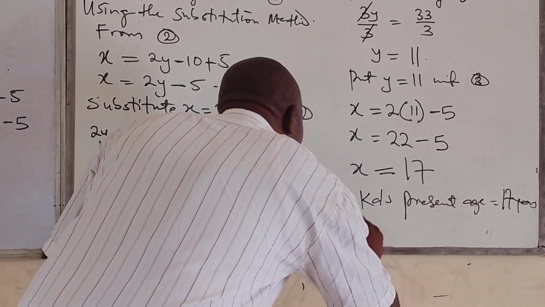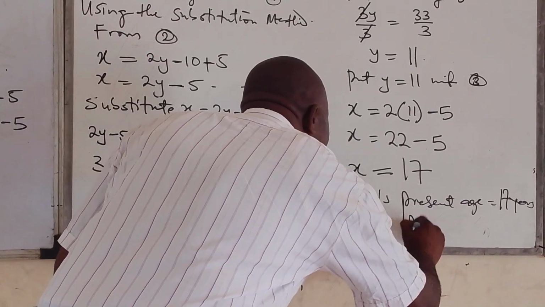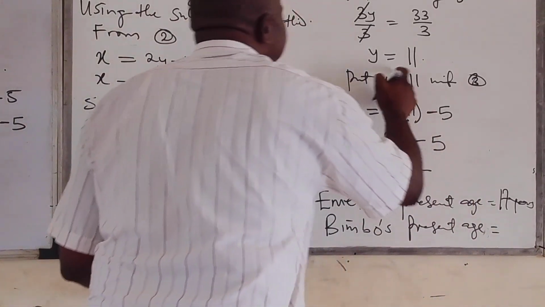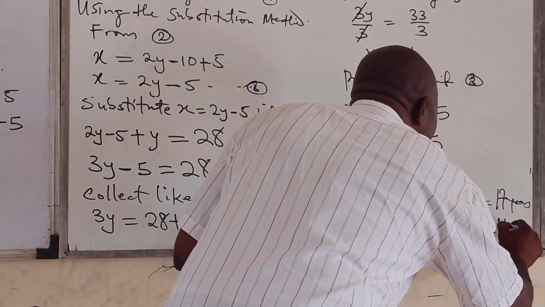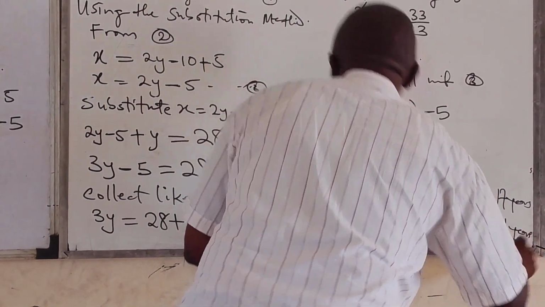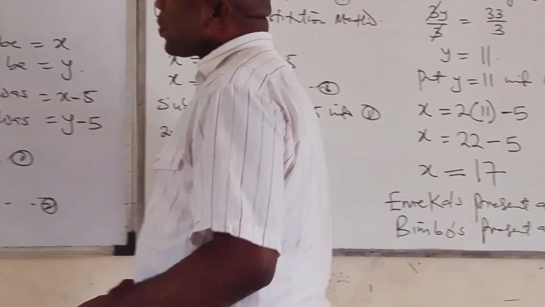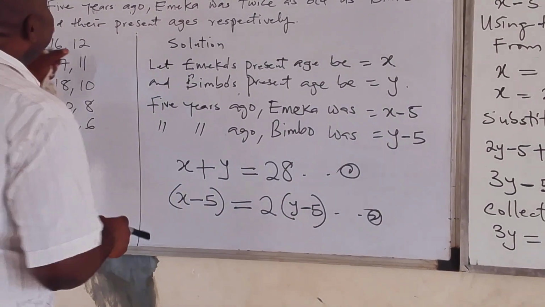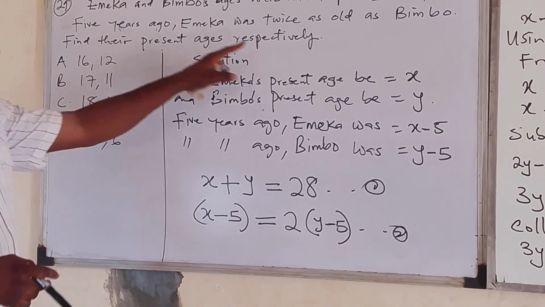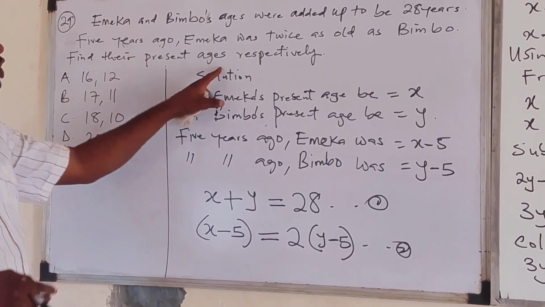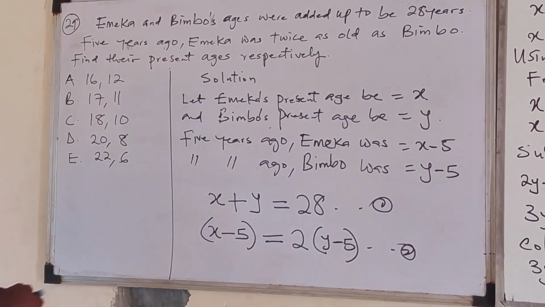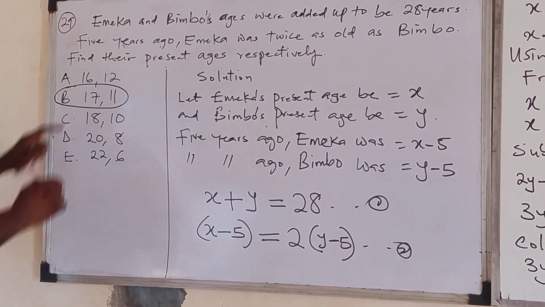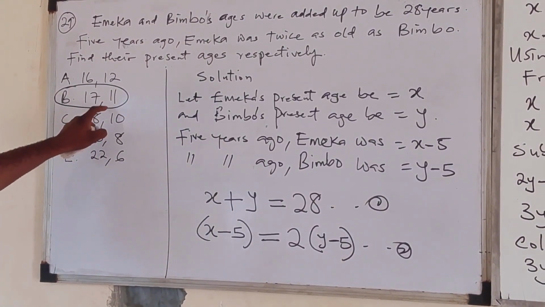Now Bimbo's present age, that's the value of y, is 11 years. So here they actually gave us options to pick from. Yes, they said we should find their present ages respectively. So here Emeka is 17 years and Bimbo is 11 years.